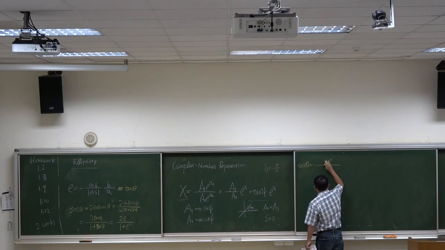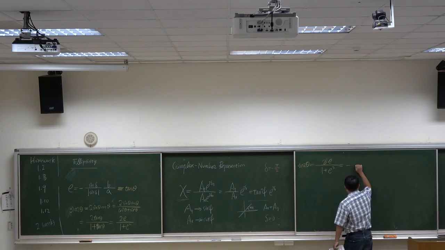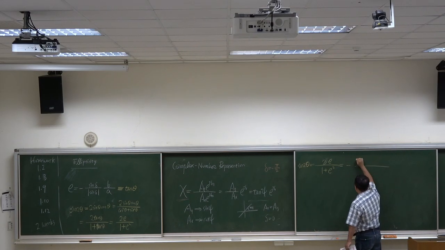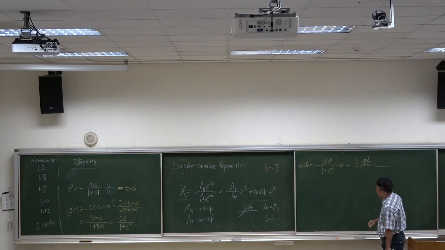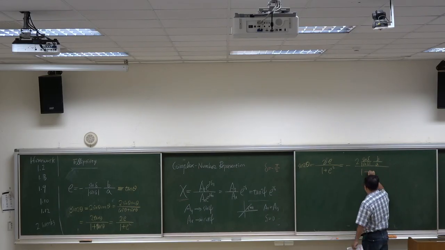So now sine 2 theta is equal to 2E over 1 plus E squared. But what is E? It is 2 sine delta over absolute value of sine delta times B over A. And here we have 1 plus B squared over A squared.